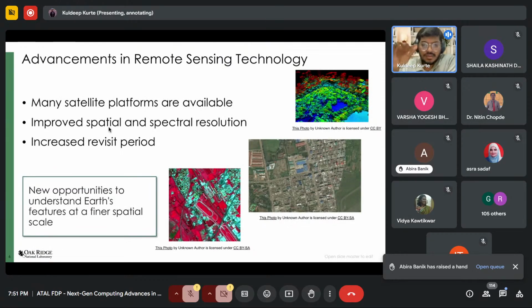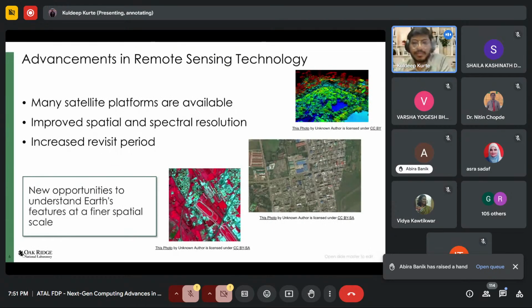By spatial resolution, I mean what space on the ground one particular pixel of the satellite image captures. Typically in high resolution images, one pixel captures 100 centimeter by 100 centimeter of area on the ground. So that is the high spatial resolution we are talking about.